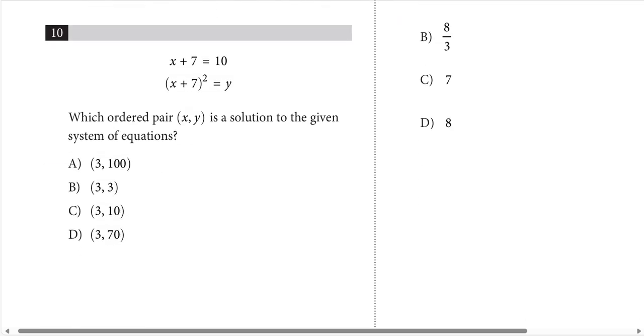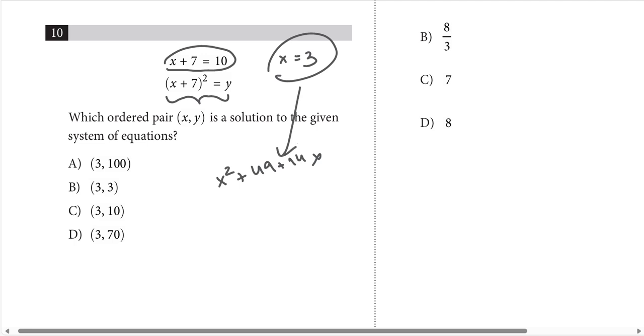Okay, question number 10. x plus 7 equals 10 and (x plus 7) squared equals y. Which ordered pair x, y is the solution to the given system of equations? So it's really easy to find x from here, which is just 3. And looking at this equation, if we need to find y, there are a lot of options. First, you can just open the square and put the value of x and find it.